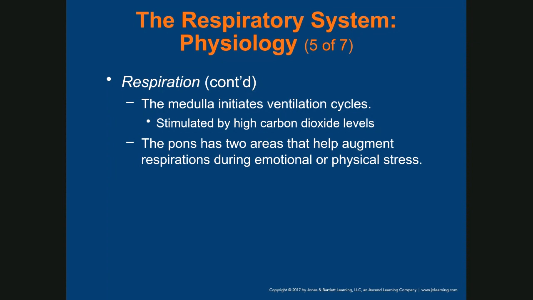The medulla initiates ventilation cycles, which would be stimulated by an elevated level of carbon dioxide, right? And the pons has two areas that will help to augment respiration during emotional or physical stress. So it can increase the strength.